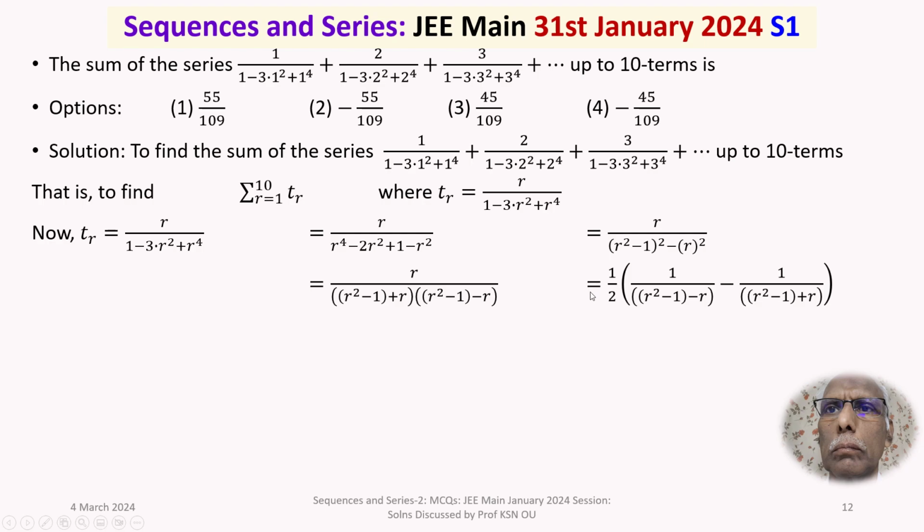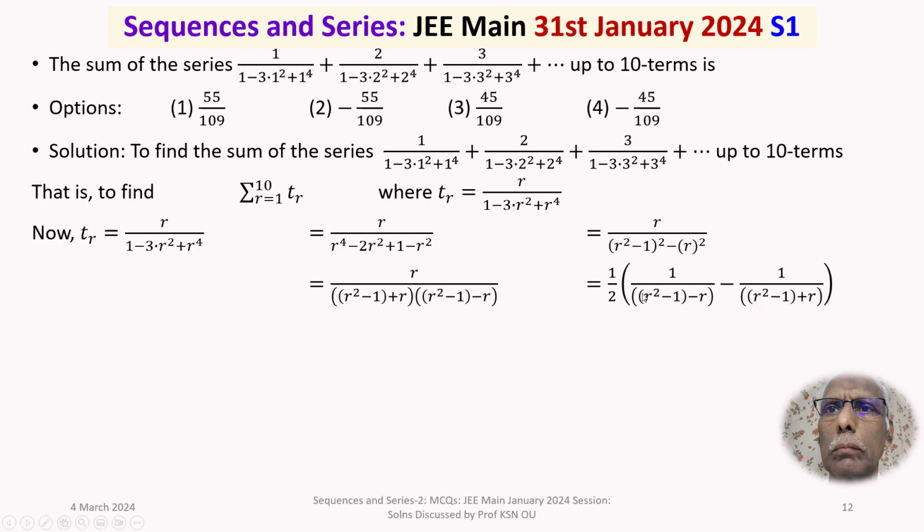Now let us split this into the sum of partial fractions. These are well-known techniques, and that will be equal to 1 by 2 into 1 by r square minus 1 minus r, minus 1 by r square minus 1 plus r.